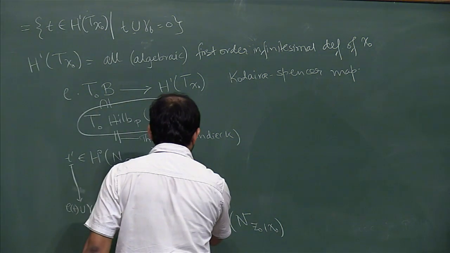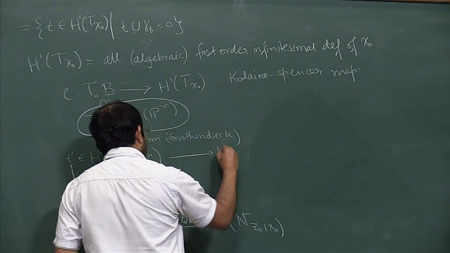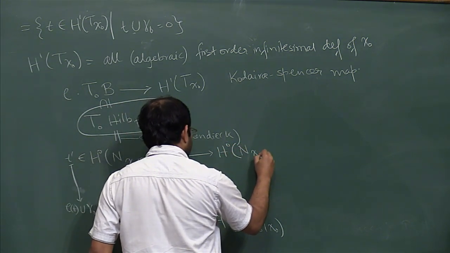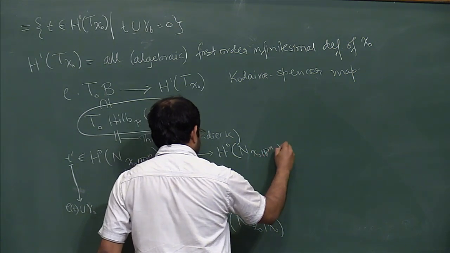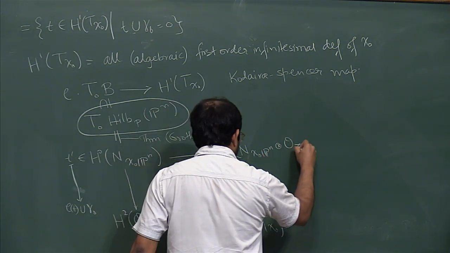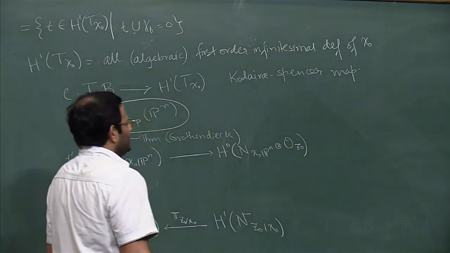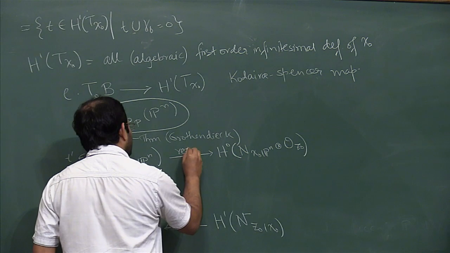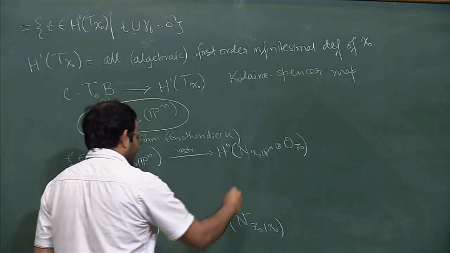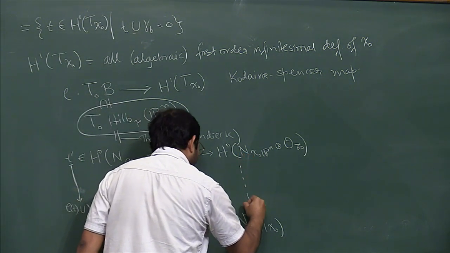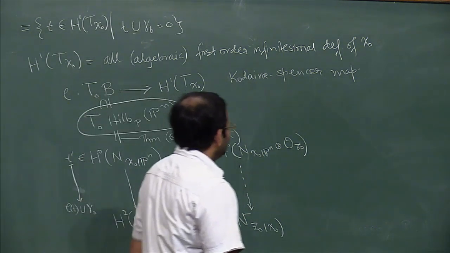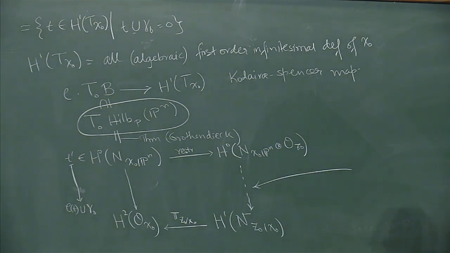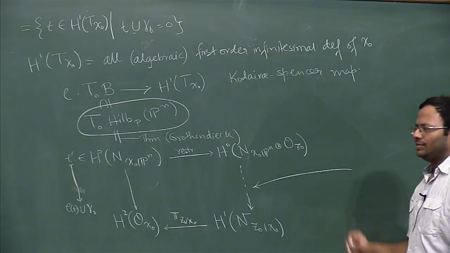So, I first restrict to, this is a natural map. This is a natural restriction map. Now, here I have a map, and this map is coming from a short exact sequence of the normal sheaves.